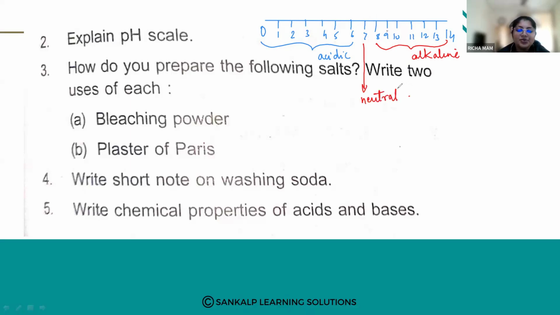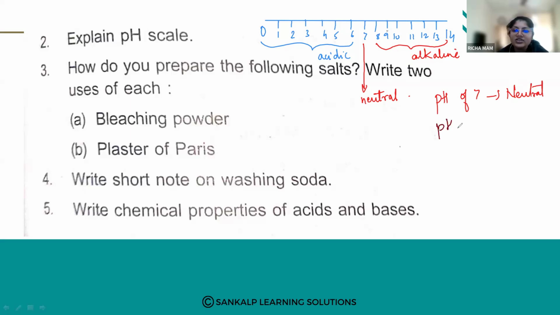So this is about your pH. The pH scale measures how acidic or basic a substance is, and it will scale from 0 to 14. If the pH is 7, it is neutral. Neutral means it is neither acidic nor basic.